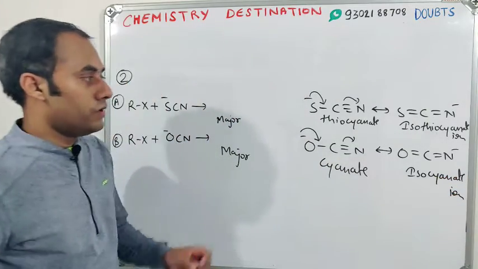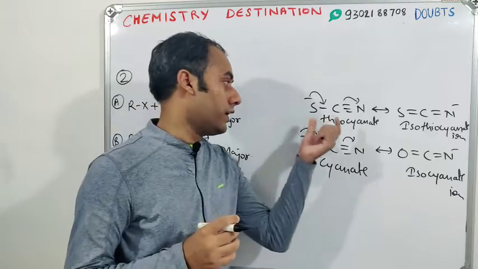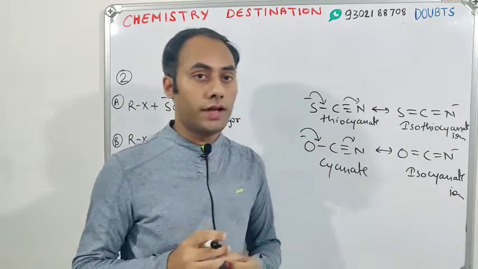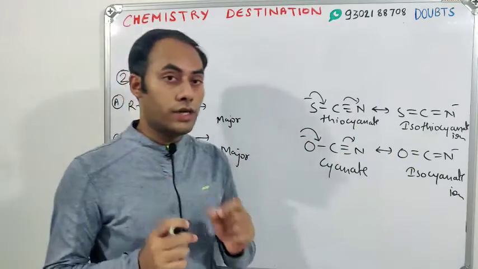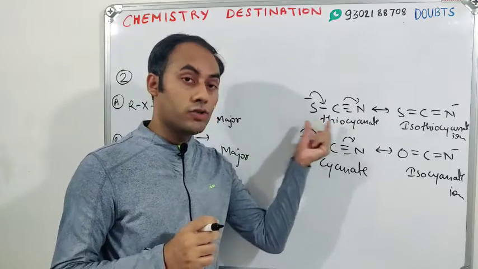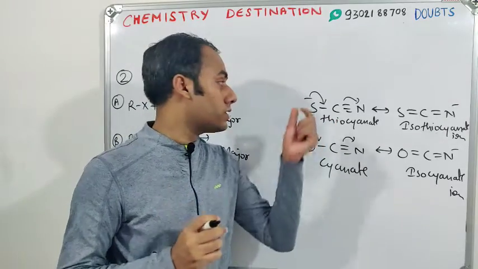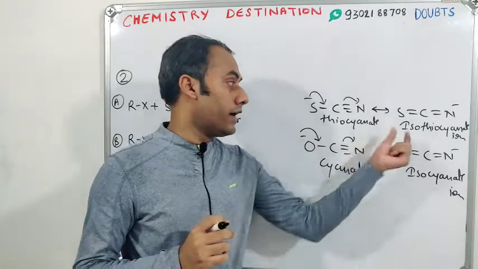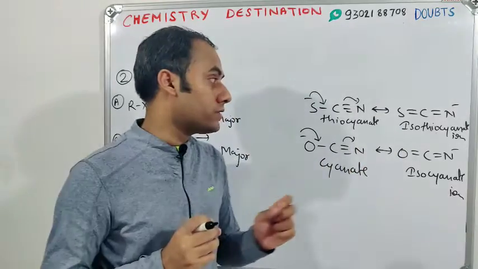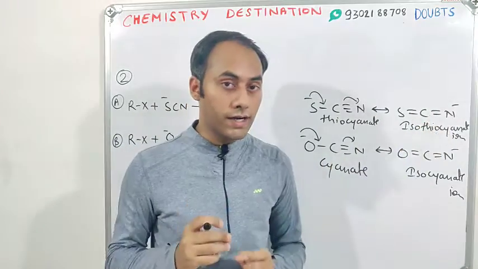Now if we look carefully, the negative charge in thiocyanate is present over the sulfur atom, and in isothiocyanate the negative charge is present over the nitrogen atom.